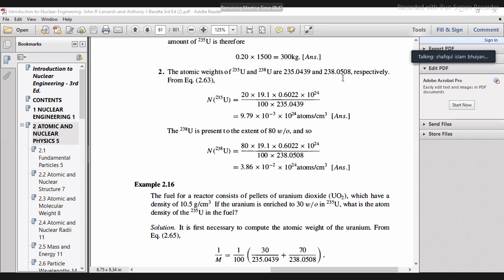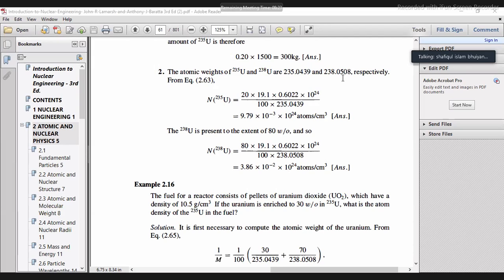The enrichment is 30%, so we put 30% and then uranium, and then plus 70%. It is U-235 atomic weight, 235, and U-238 atomic weight.